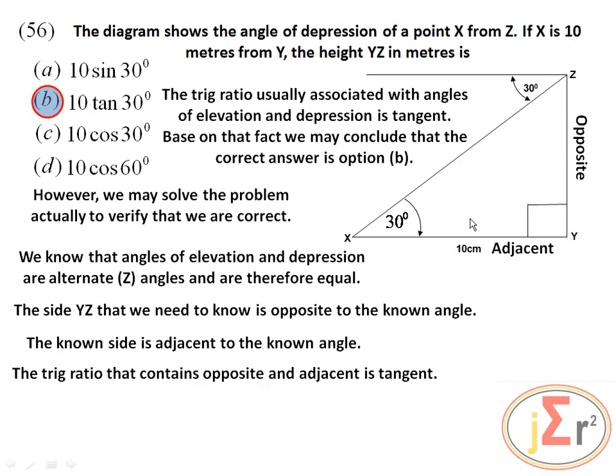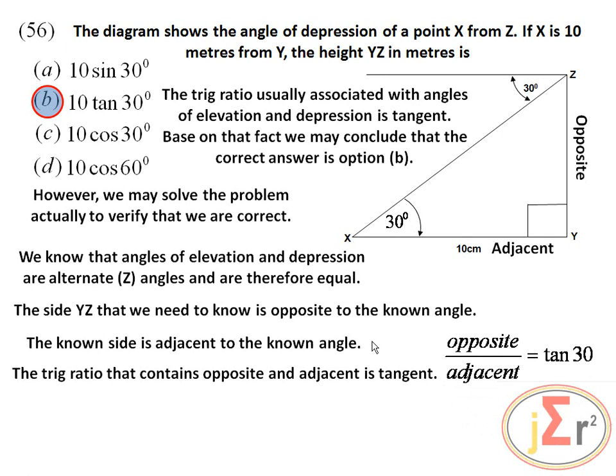The trig ratio that contains opposite and adjacent is tangent. Also, it is important for us to take note of this known side relative to this angle, which is adjacent to the known angle.